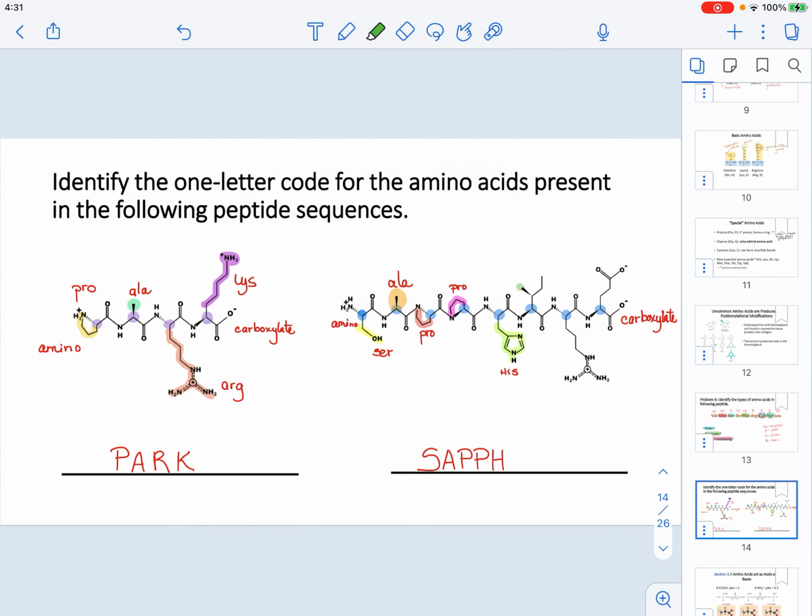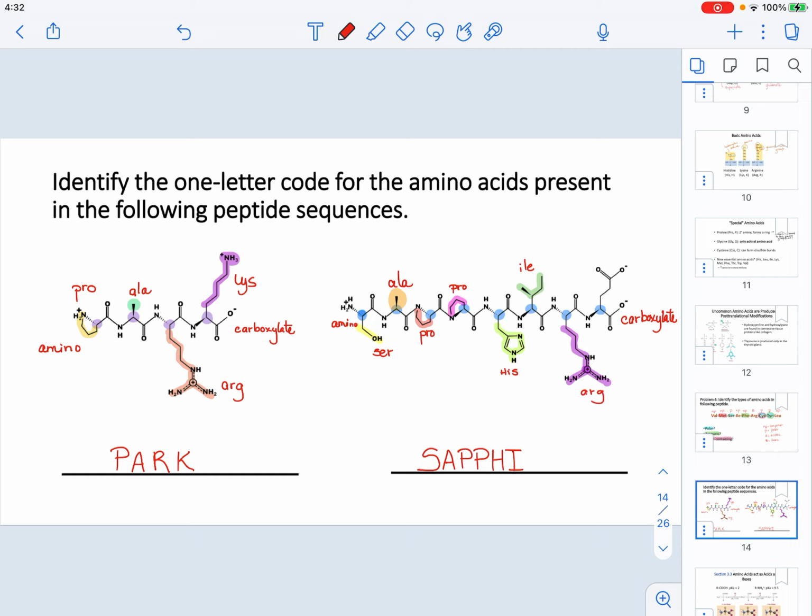Here I have, as you can see, a sec-butyl group. And the sec-butyl group is for isoleucine, which I is going to be the one-letter code. Here I have a side chain that is CH2CH2CH2 and then the guanidinium group.